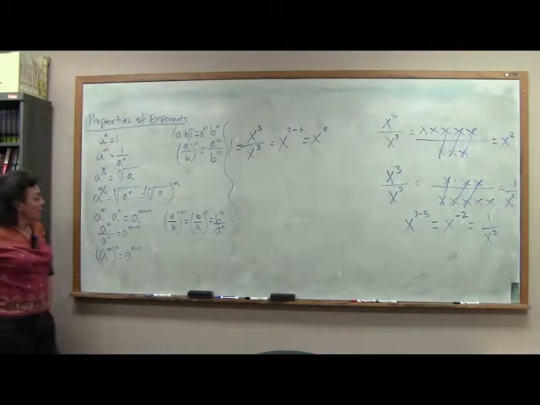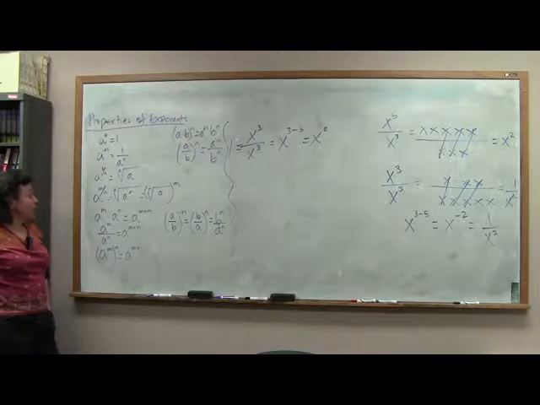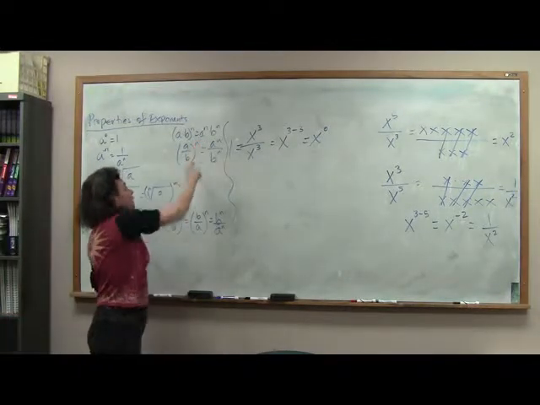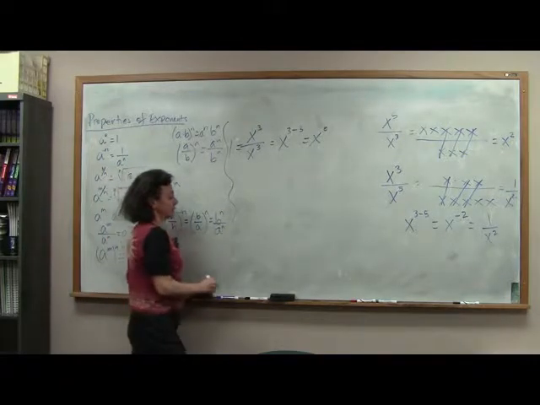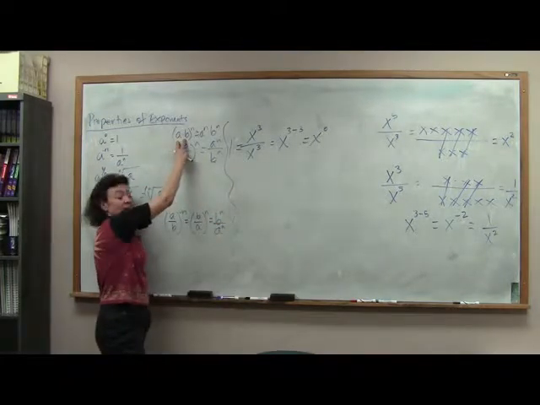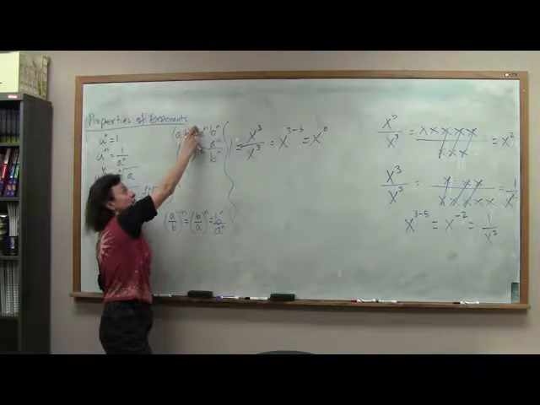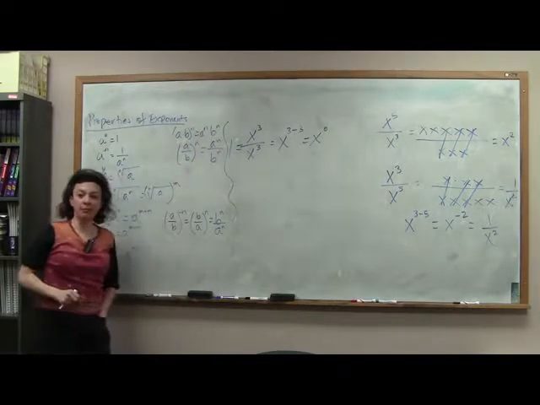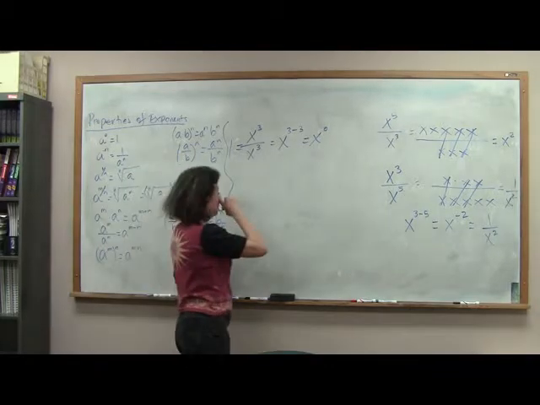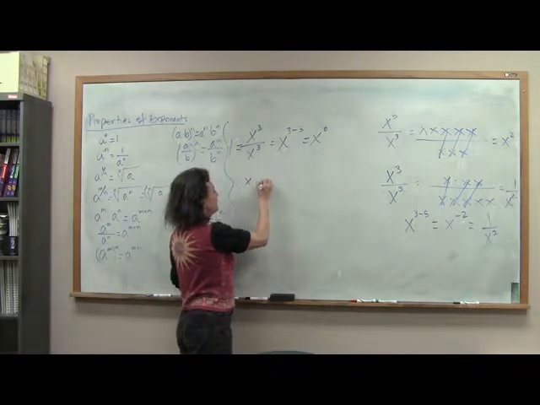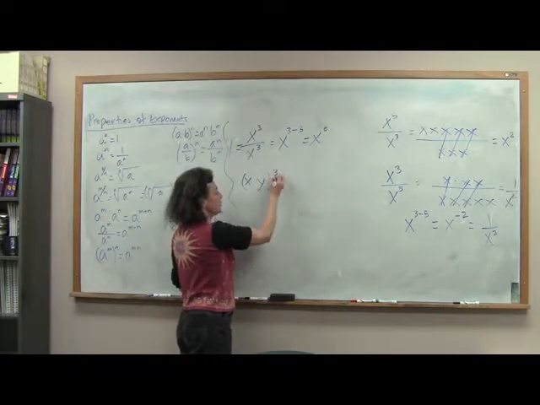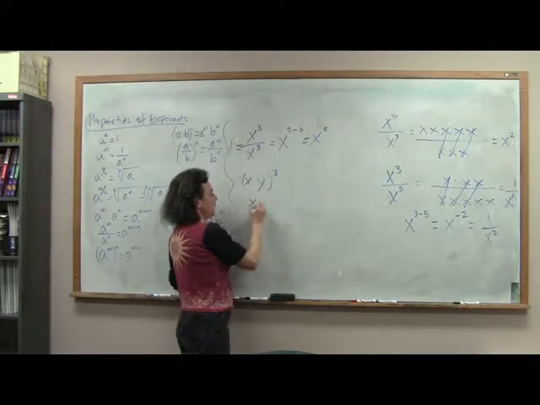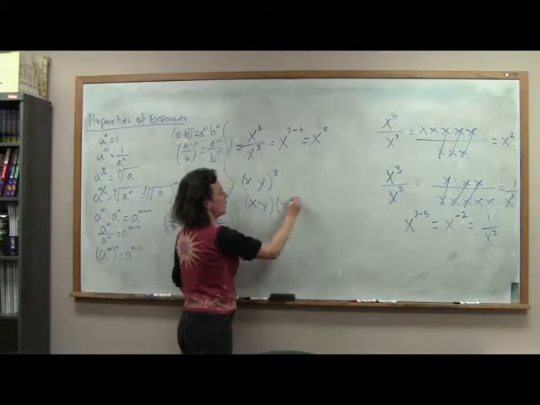Okay? Now, one other thing that I would like to go through involves this guy here. When you're multiplying two things and you raise that product to a power, what this says is you can bring that power into each of them. For example, what if I have xy cubed? Well, written out, isn't that xy times xy times xy?